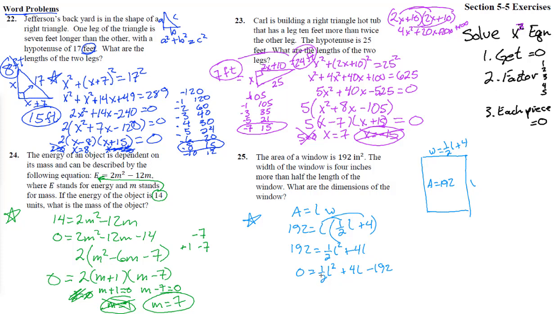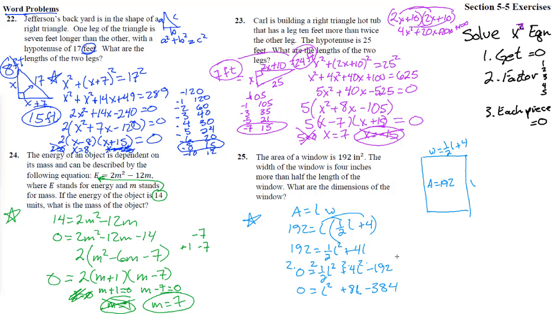Now the question is, do we know how to get rid of fractions? We do. Let's times everything by 2. Times by 2, times by 2, times by 2, times by 2, and we get 0 equals L squared plus 8L minus 384.